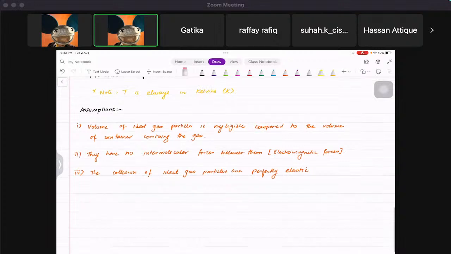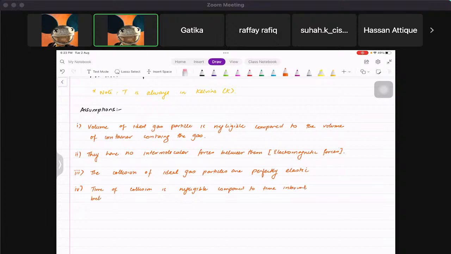Okay, then the fourth assumption is that the time of collision is negligible compared to the time interval between collisions.